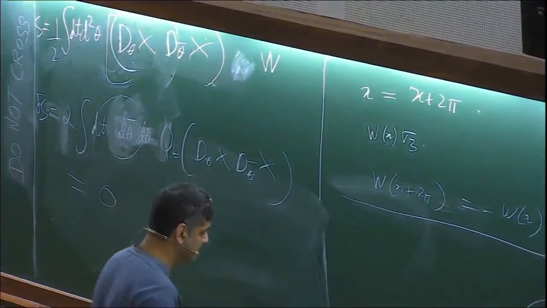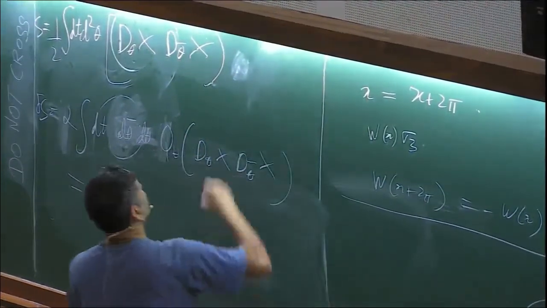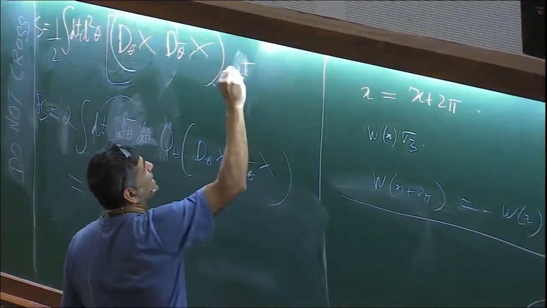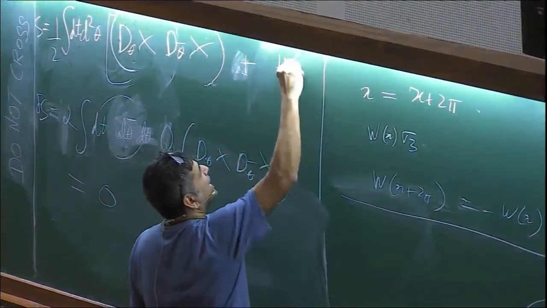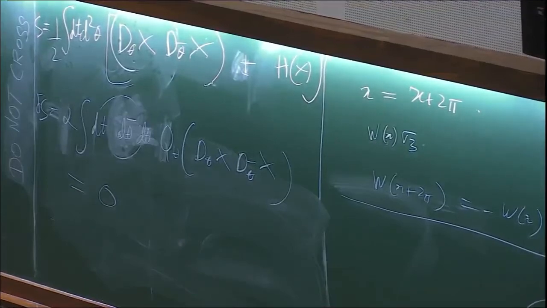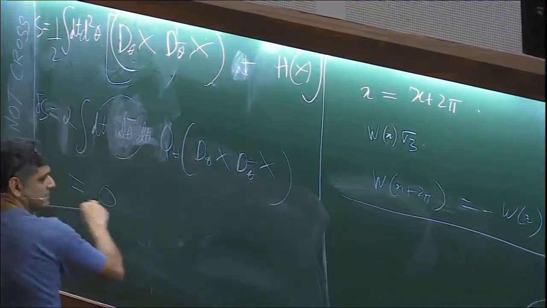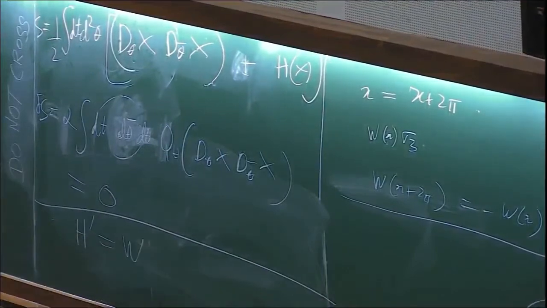Yeah, right. But if we do the following, if we add plus minus h of x, I can't remember whether it's plus or minus. Okay, where h prime is equal to w.